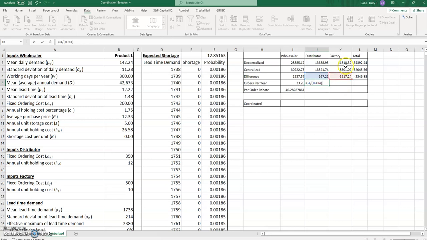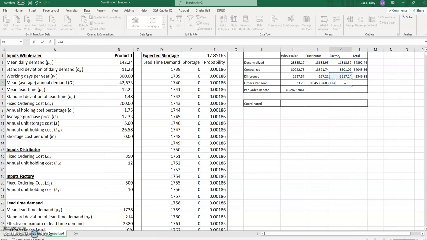The total savings divided among these two parties would be J4 plus K4. If we take J4 divided by that, that would be the percentage that we could attribute to the distributor. In this case, about 4.5%.